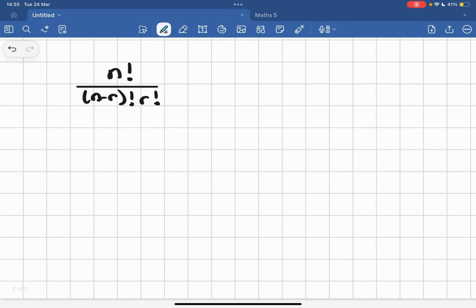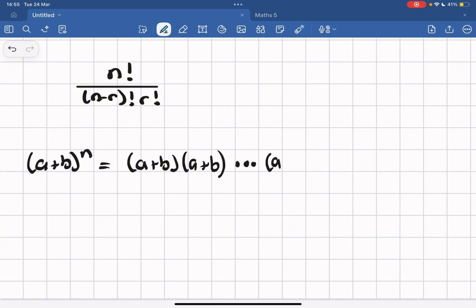And then the next bit we should cover is, why does this actually appear in the binomial expansion? Well, let's say we're expanding a plus b to the n. So we have a plus b times a plus b times a plus b, n times. To form each term in the expansion, we choose from every bracket either an a or a b.